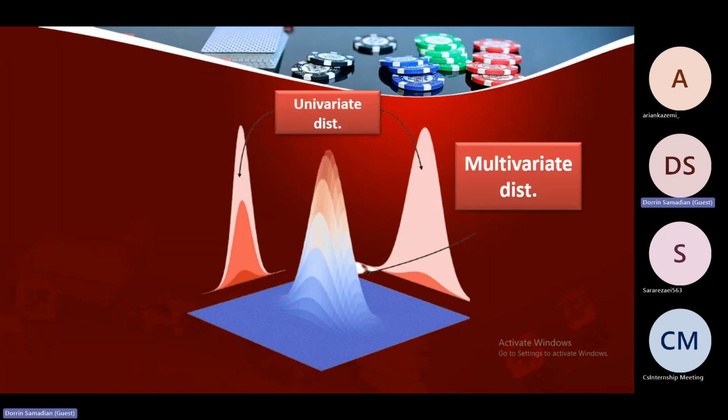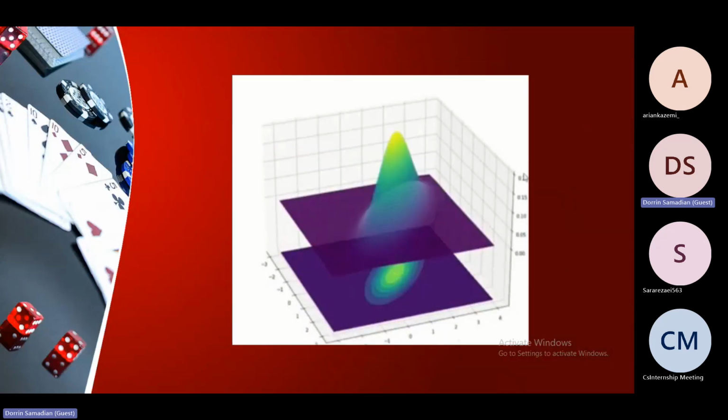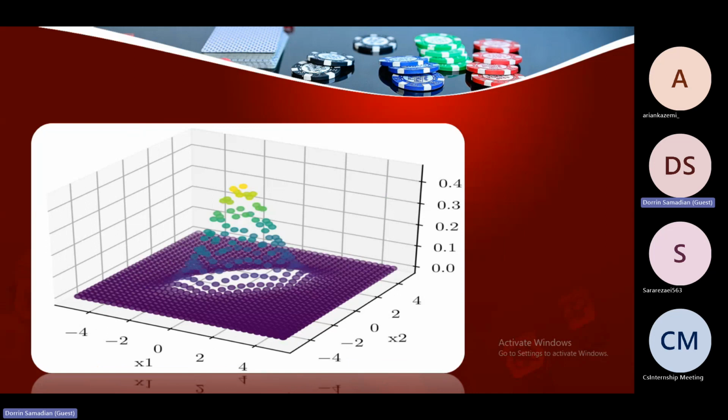Alright, and this is how a multivariate distribution is made up of univariate distributions. As you could see, with two or more univariate distributions, we can gather a multivariate distribution. I've already shown you the shape of a multivariate distribution.